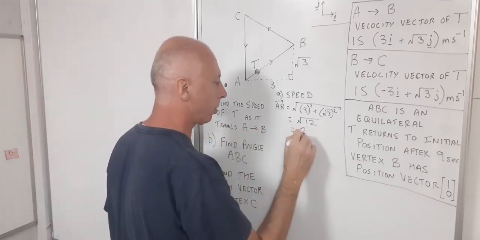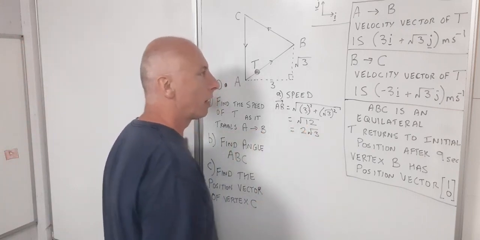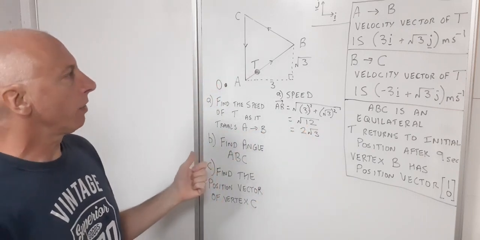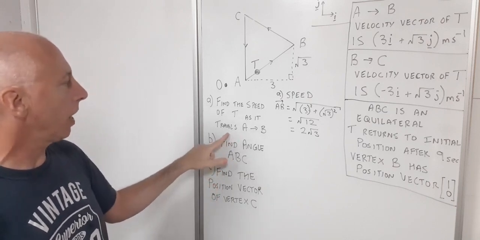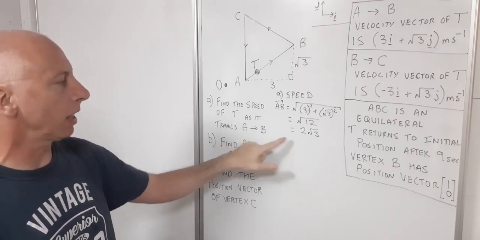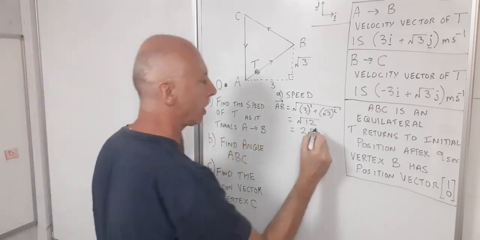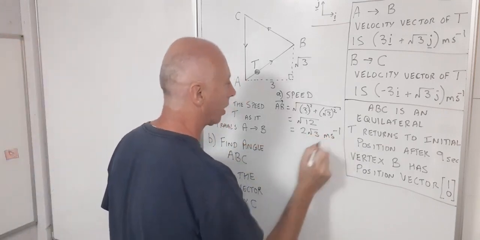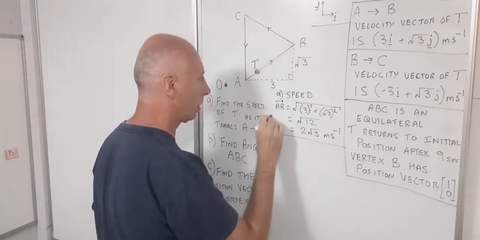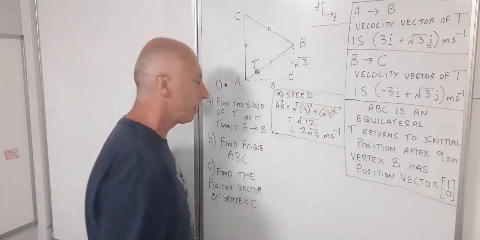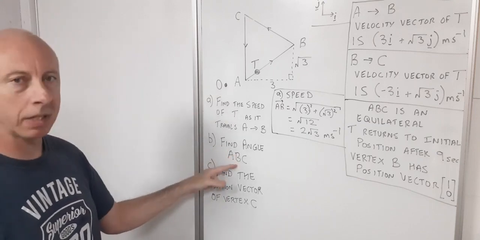So that equals 2 root 3. So the speed of t as it travels from A to B is 2 root 3 meters per second. So that's part A taken care of. That was pretty straightforward.